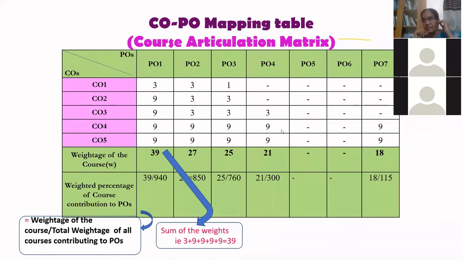Out of this 940 credits, for Part 1, how many credits? For Part 2, how many credits? You can split up and study. And for core courses, how many credits, how many weights are allotted? How much weightage is allotted for Part 1, Part 2, and Part 4? Compare and then decide whether it is okay.